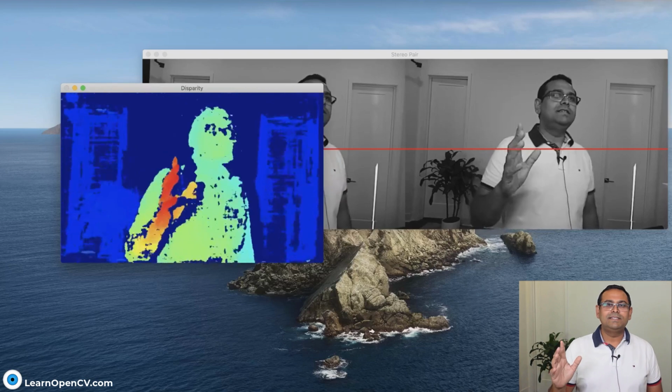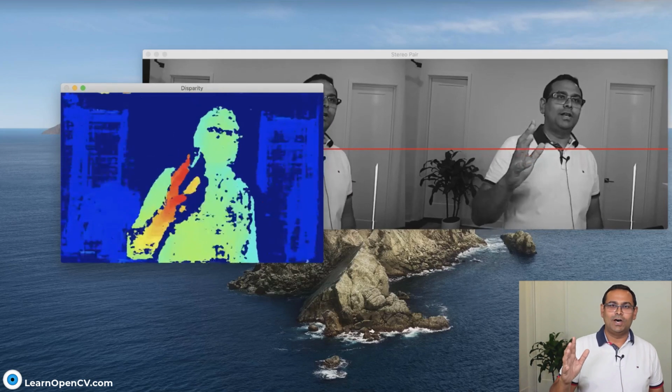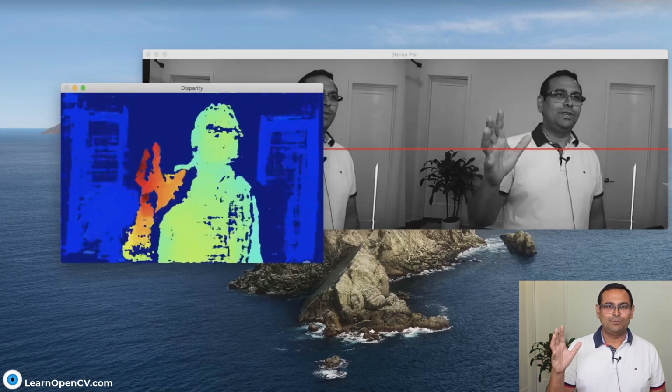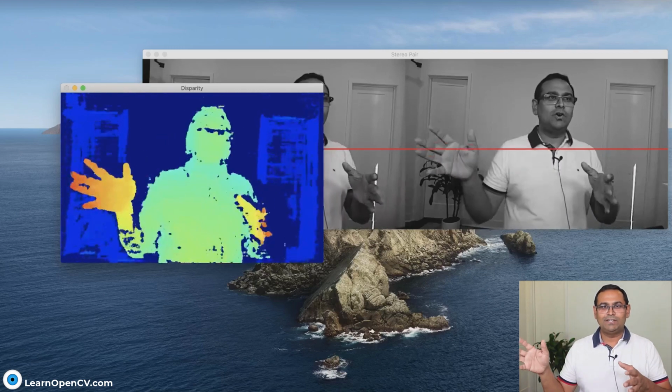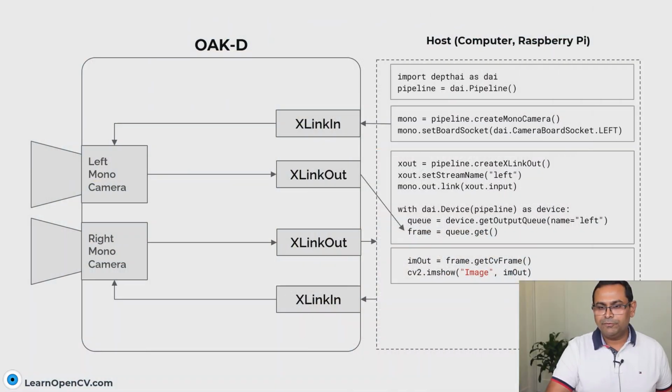With that, let's see how to implement this on the OpenCV AI Kit with depth: OAK-D, OAK-D Lite, or OAK-D PoE. Before I show you the code, let me actually show you the pipeline. In the previous video, we had seen how OAK-D, OAK-D Lite, and OAK-D PoE all use the DepthAI API. And the API is based on the concept of a pipeline.